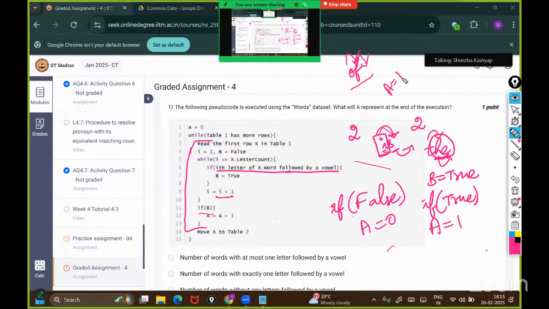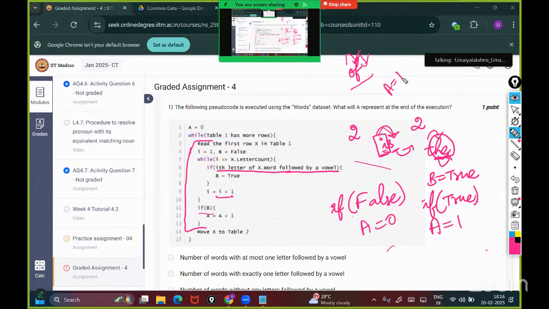The first line, I is equals to 1, B is equals to false. What does this mean? It will be reinitialized for every word, right? So if I is equals to 1, that means if the letter count in a word is 1, am I right?